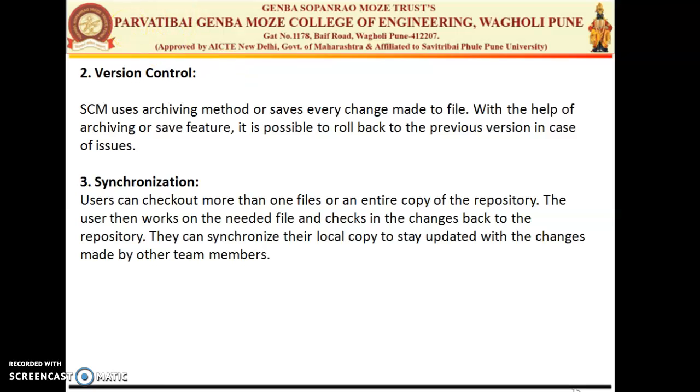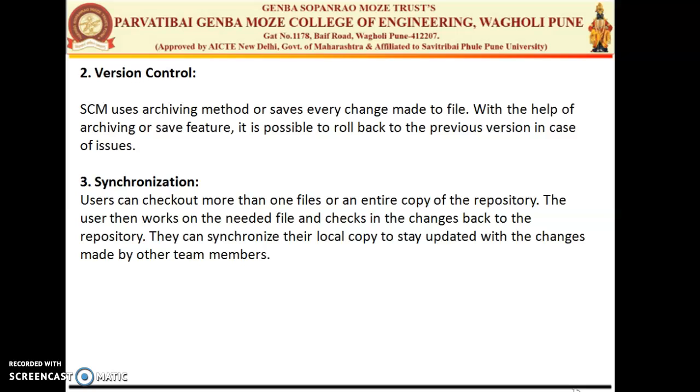Suppose you take the example of WhatsApp. If you have version number 3 of WhatsApp and it is not working properly, the developer should be able to make version number 2 available because it was working fine, and when we make any changes, that is version number 3.